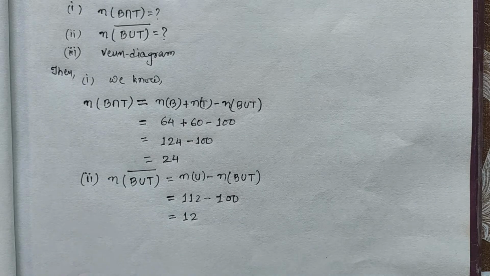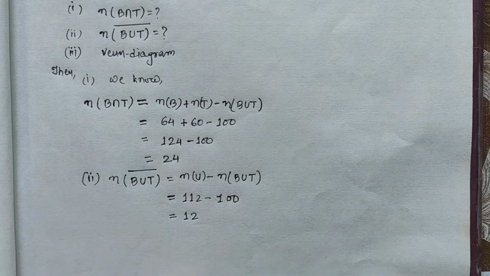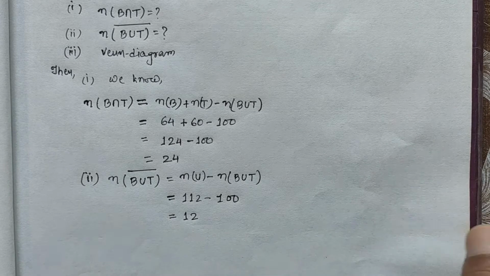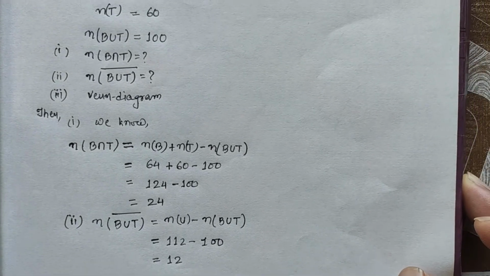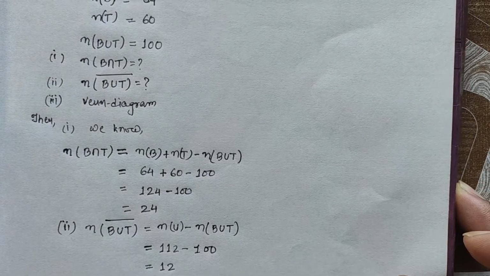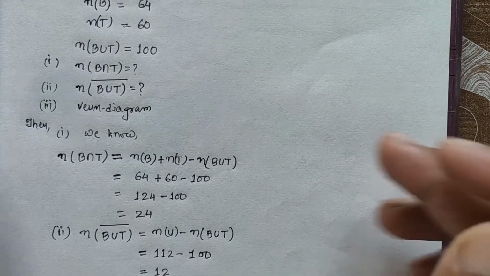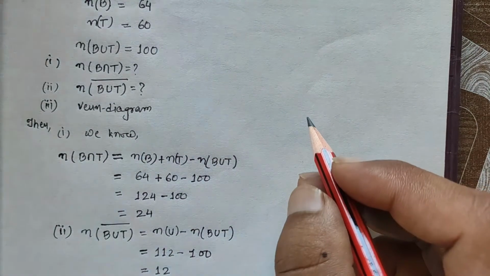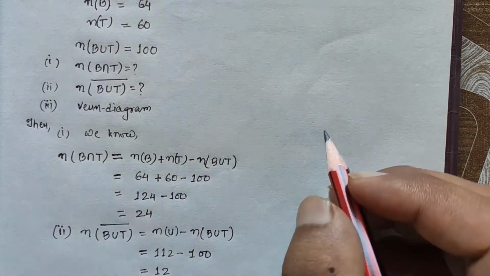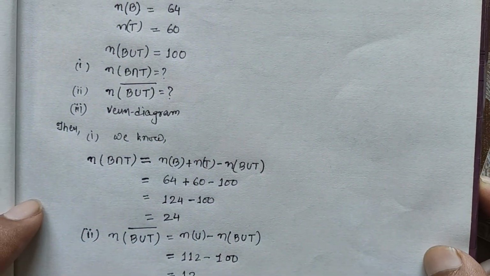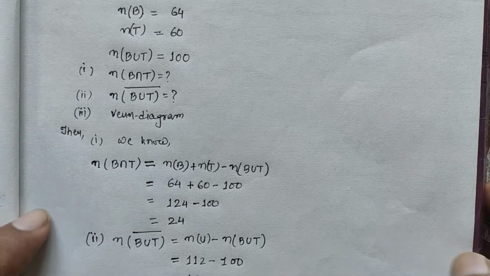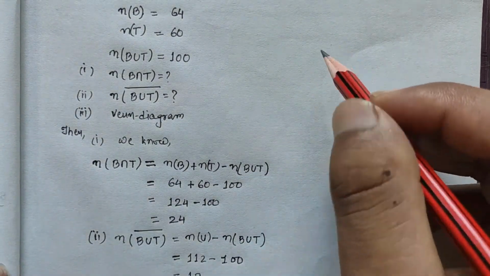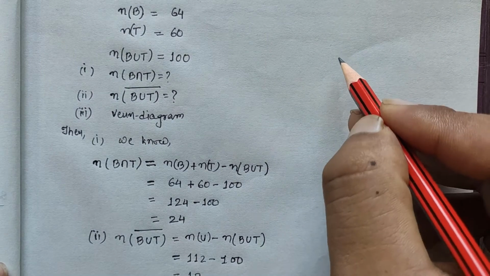Okay, so here we have to draw the Venn diagram for these two. How can we draw it? Okay, so let's draw the Venn diagram. For drawing the Venn diagram, you have to use a compass, scale and pencil.